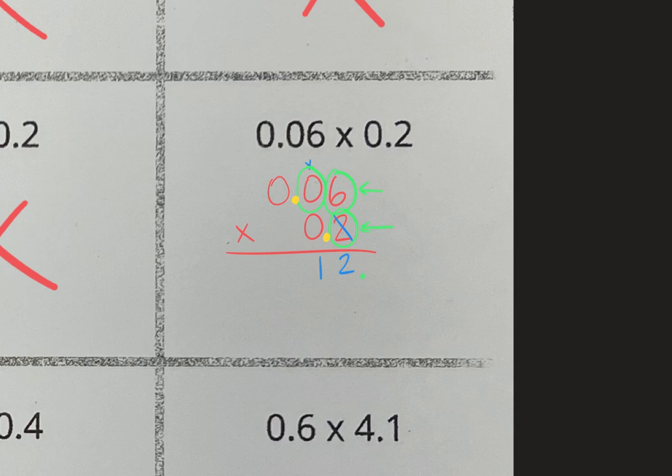If I have 3 places to the right of those decimals, I need to move this decimal 3 places to the left, 3 jumps, 1, 2, 3, to the left. So my final answer would be 12 thousandths. So if I have 6/100ths times 2/10ths, I would end up having 12 thousandths.